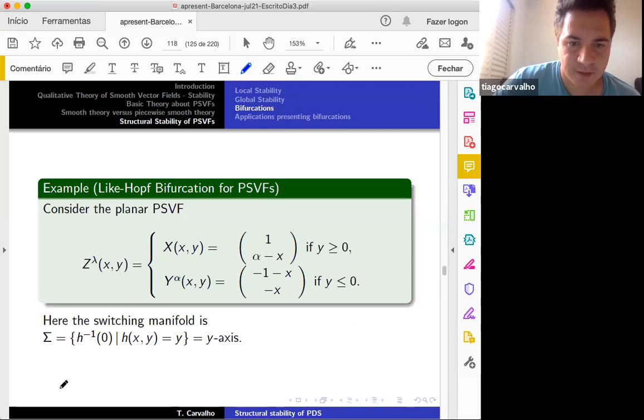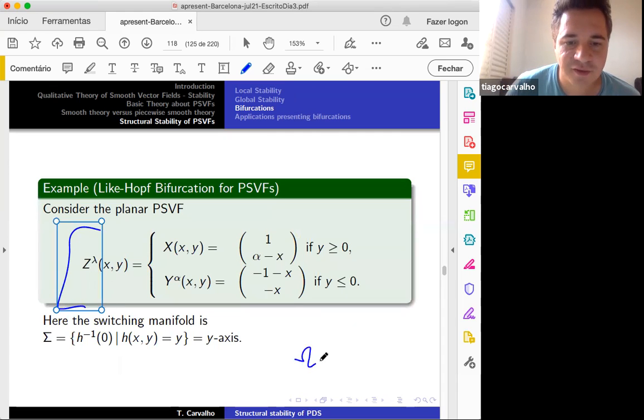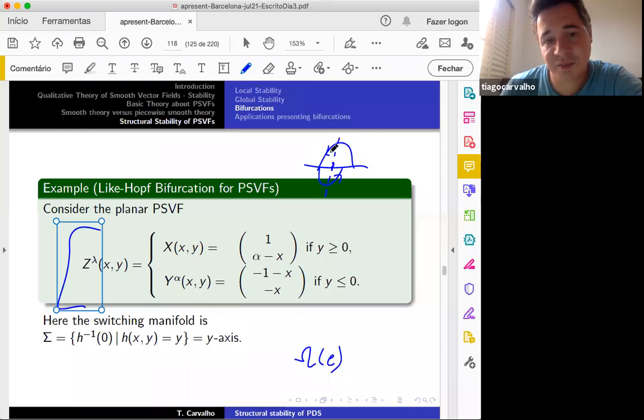This Hopf bifurcation is the case omega E in the previous list, where we have a phase portrait presenting an elliptic behavior.